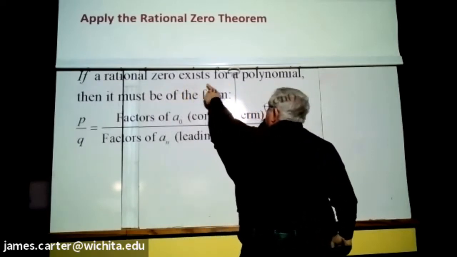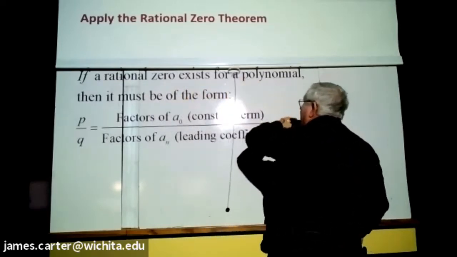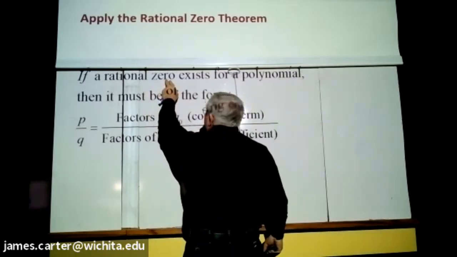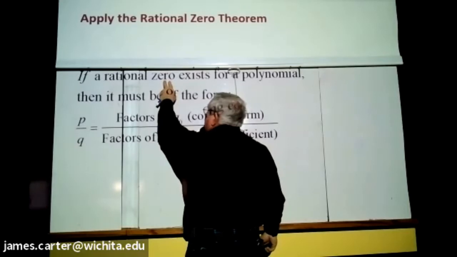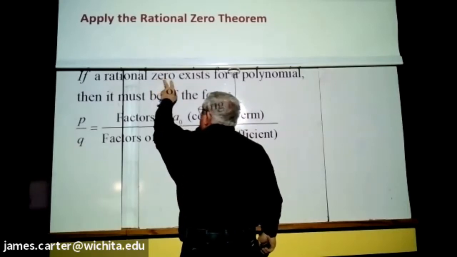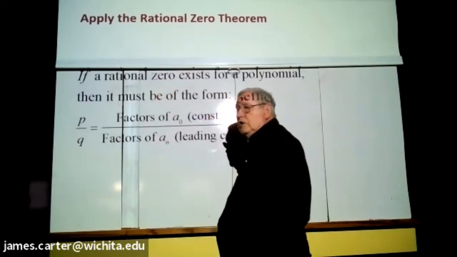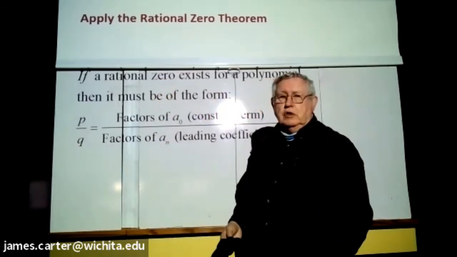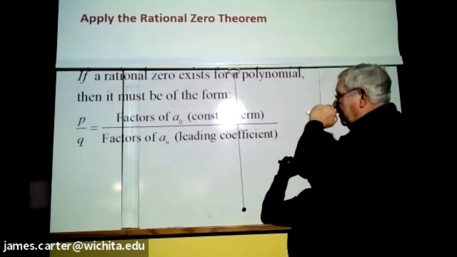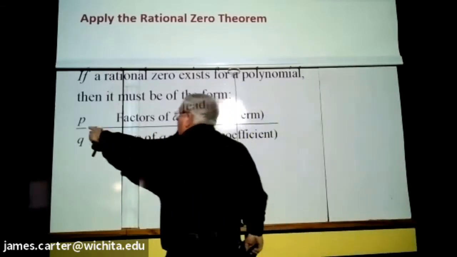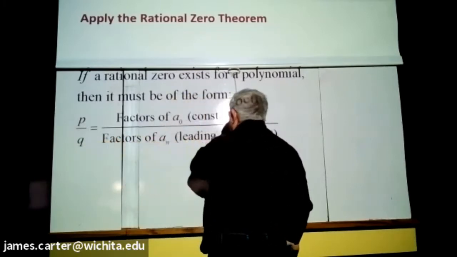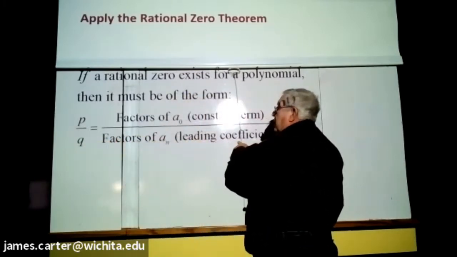Okay. If there is a rational, meaning fractional, 0 for the polynomial, remember when it says if there's a 0 for it, that means is there a root? Anytime you see the word 0 used in this context, you could substitute the word root or x value. Then it must be of the form all of the factors of the constant over all of the factors of the leading term.